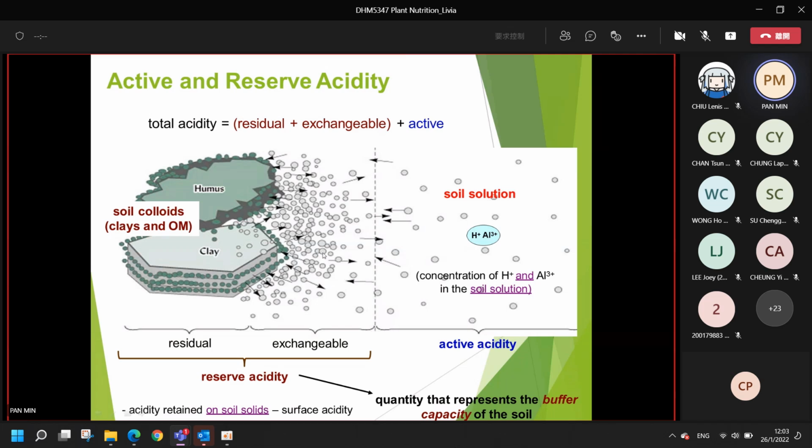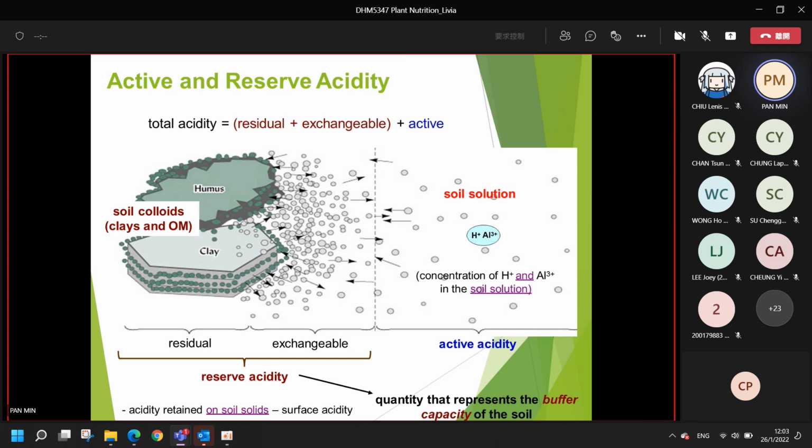So the reserve acidity depends on the parent material, the texture, or the soil organic matter in the soil. So it's difficult to change the pH in a big area of soil. If you just want to change a little bit of soil in a pot, it's okay. But if you have a farm, a large area, it's difficult to change the soil pH. You need to think of another method, maybe find a more suitable plant for the plantation.